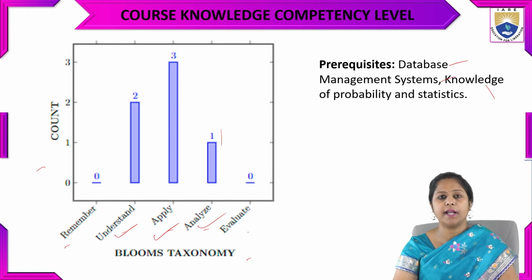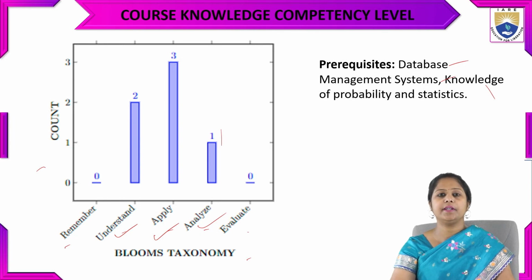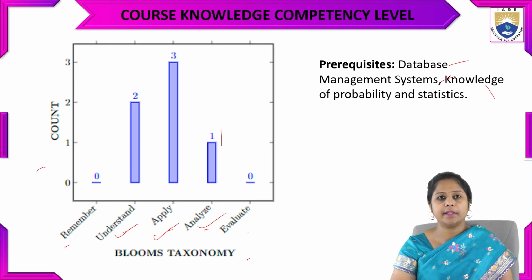On the basis of that, some servers will be made. There are also some statistical calculations and there is prediction. So on the basis of probability, the student will be able to understand the different probabilities and the different statistics.